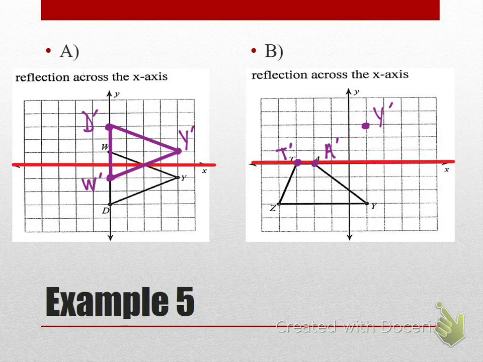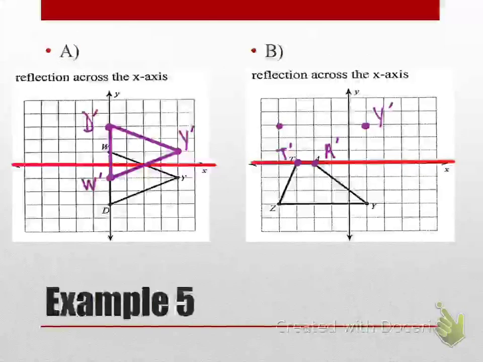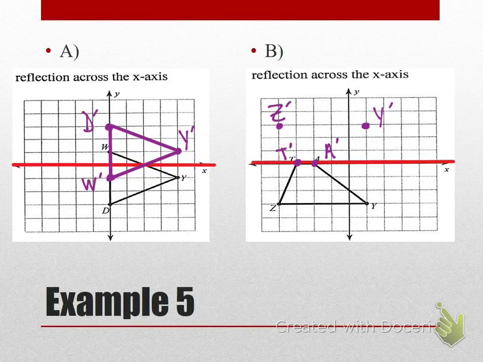It's my Y prime. And what about Z prime? 3 above. 1, 2, 3. There's my Z prime, and again, we can connect it to complete our shape. Kind of drew through my letters, but that's fine.